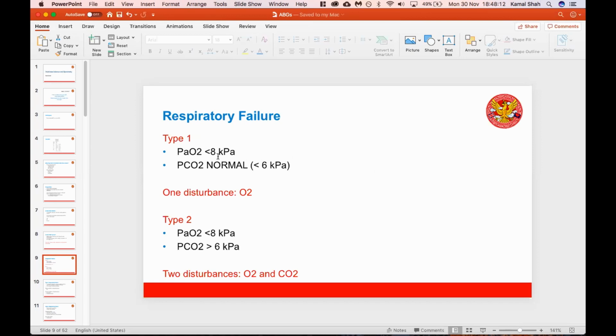You'd expect to see that the PaO2 is less than 8, and your carbon dioxide is completely normal, so there's nothing wrong with ventilation at all. Whereas with type 2 respiratory failure, you've got two disturbances: a disturbance with your oxygen and your carbon dioxide too.